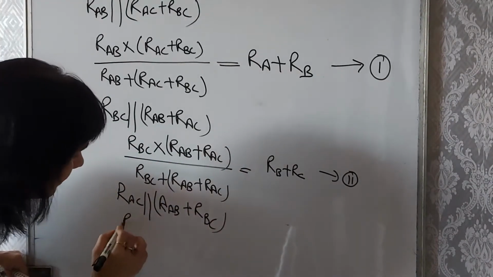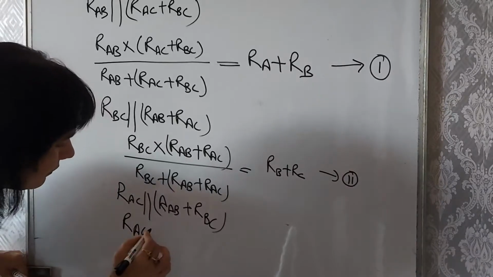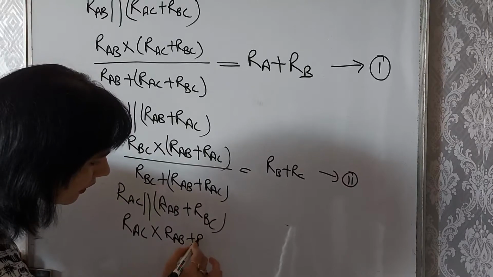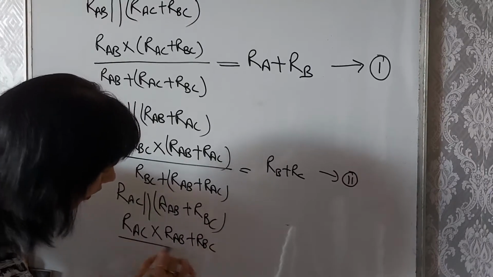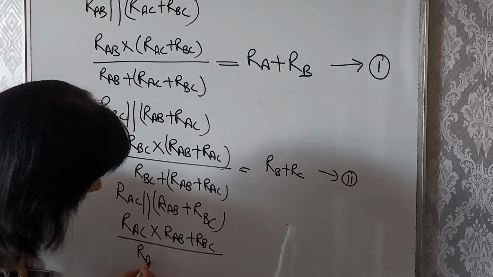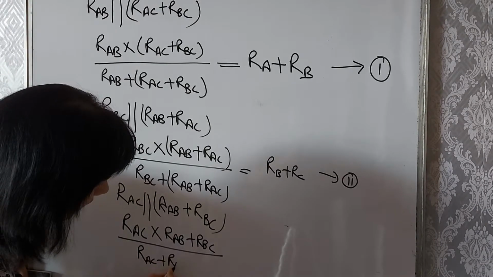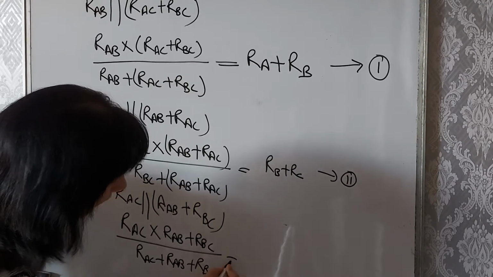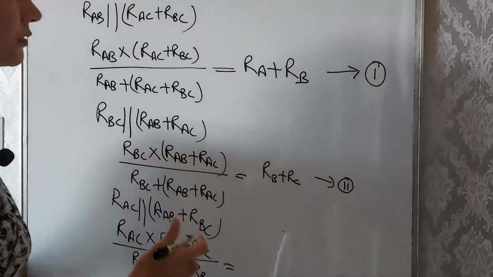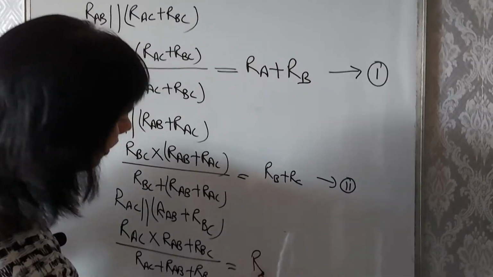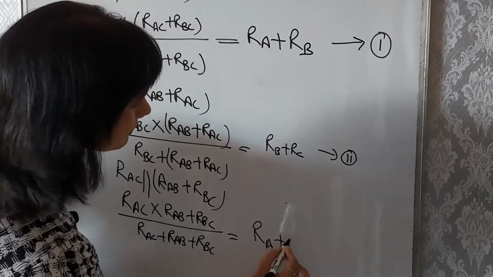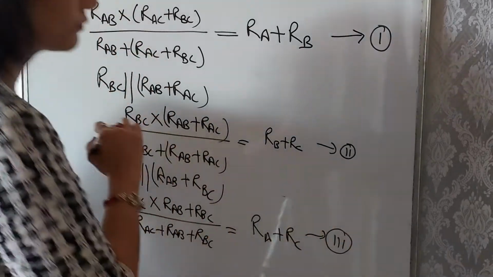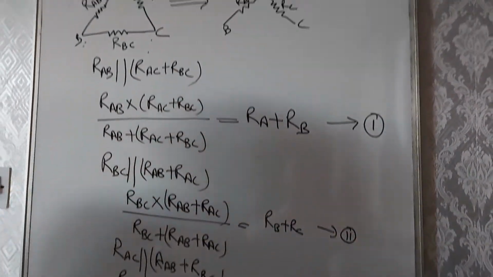It can be written as RAC into RAB plus RBC upon RAC plus RAB plus RBC, and in the star we have RA plus RC. So this is our equation 3. We have 3 equations.